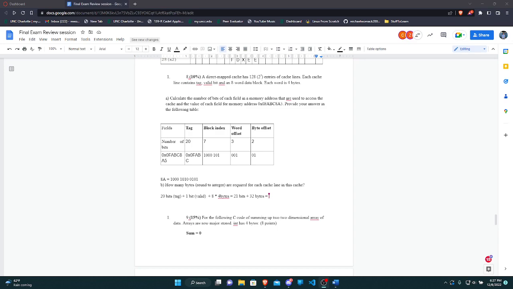So 21 bits divided by 8 is close to 3. That's where the 3 bytes comes from. Plus 32 bytes. That equals out to be 35 bytes needed for each line in the cache.